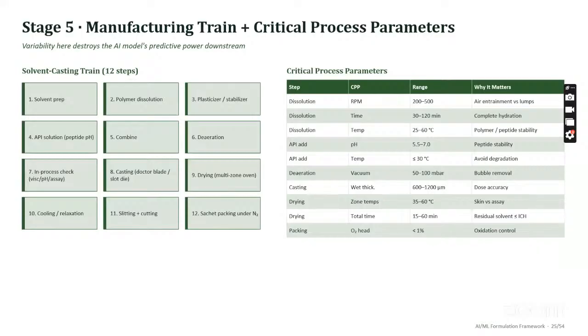Solvent preparation, polymer dissolution, plasticizer, API solution, combine, deaeration, in-process check, casting, drying and cooling, slitting, and sachet packing. So for the solvent casting train, a critical process parameter is dissolution RPM, with its range, and why it matters: air entrainment versus lumps.